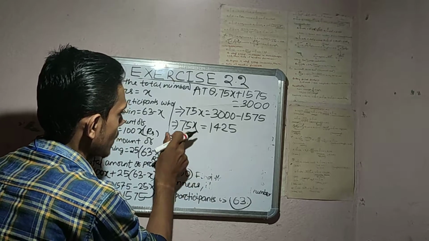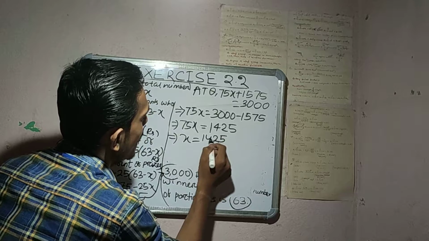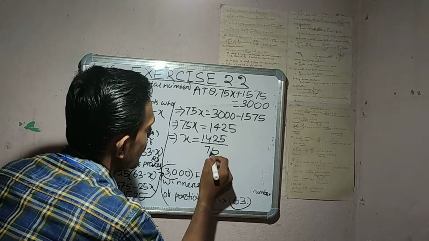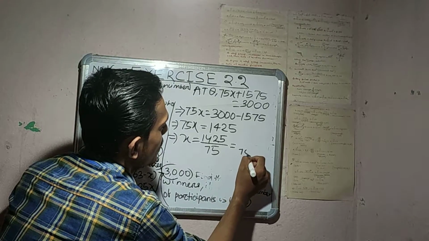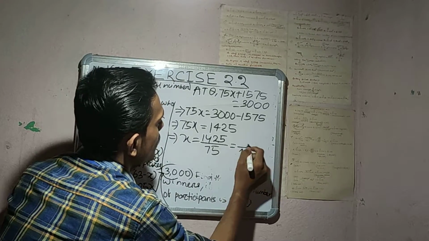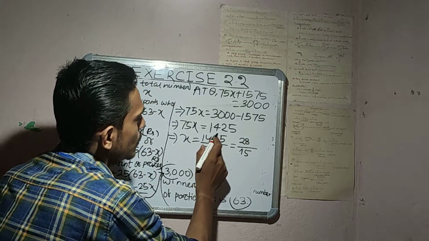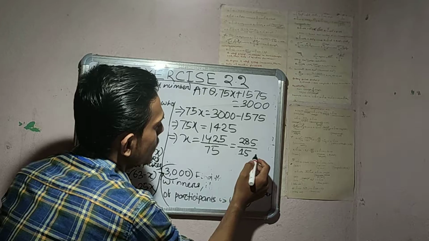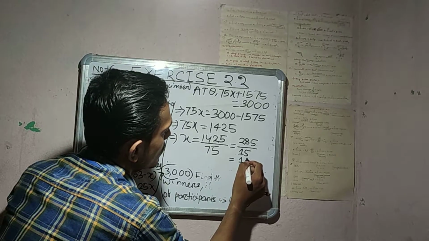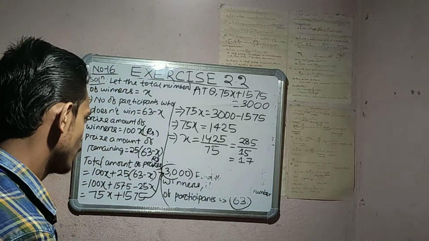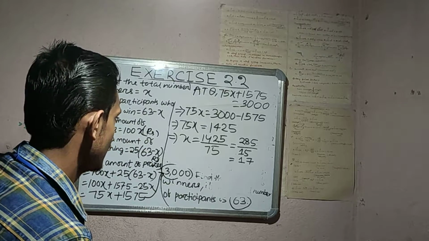So X is equal to 1425 divided by 75. 5 ones are 5, 5 twos are 10, 5 eights are... that is 17. Okay, so the total number of winners is 17.